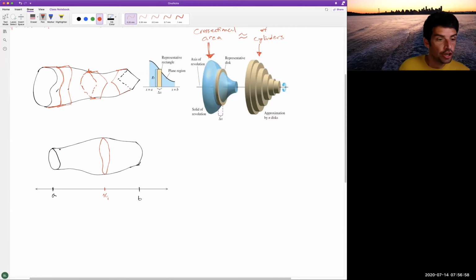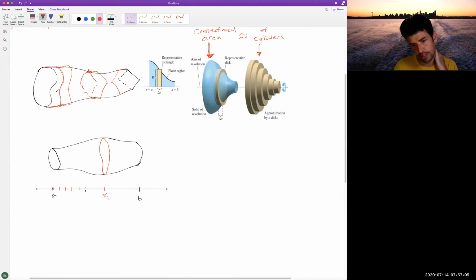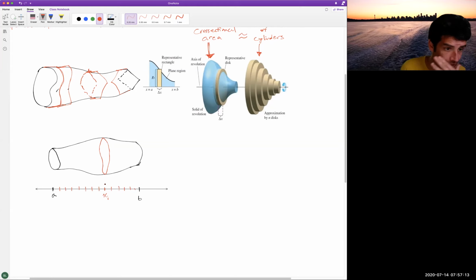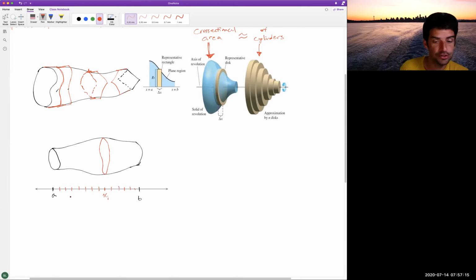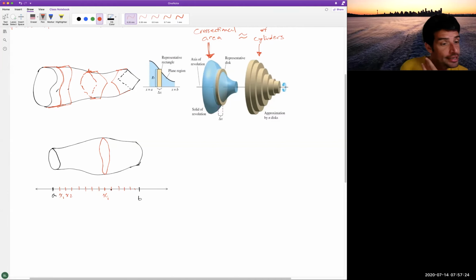So what we're going to do is divide our interval up into n intervals. We have our large interval from A to B, and we divide it into n intervals: x1, x2, x3, and so on. I'm picking an arbitrary one in the middle that I'm calling xi.